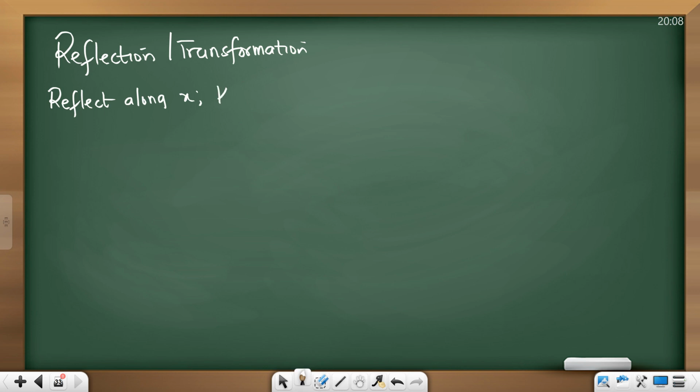Along x, what do we do? We keep the x value. Reflecting along y, what do we do? Keep the y value and change what?